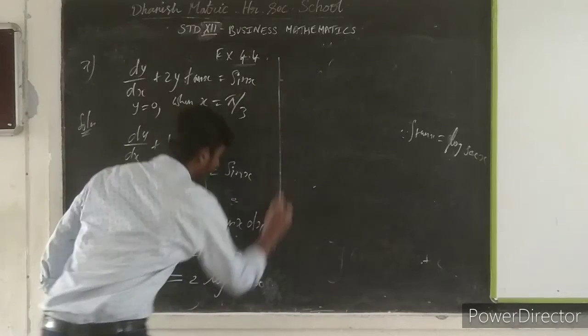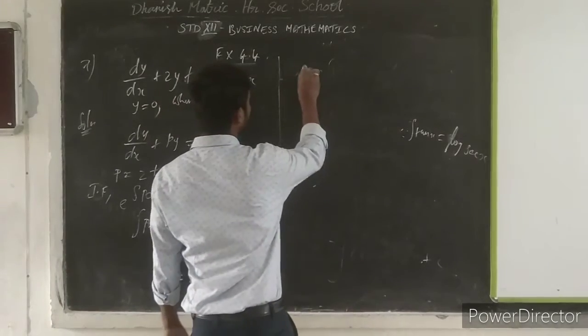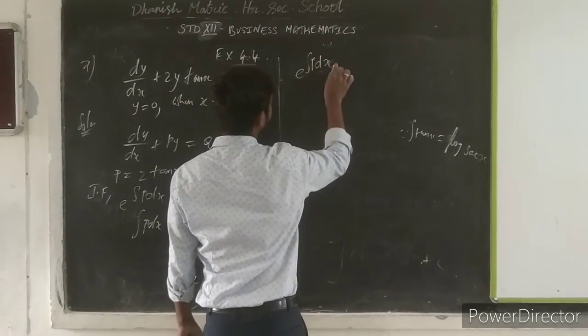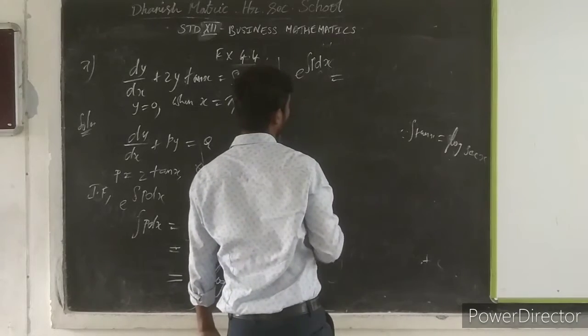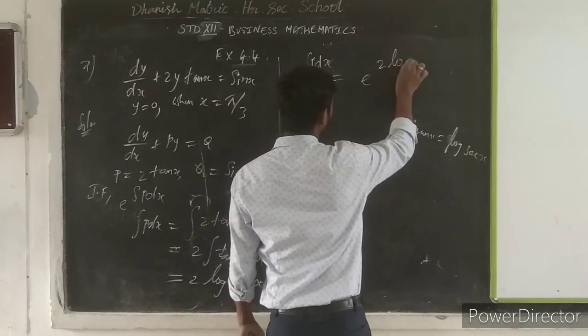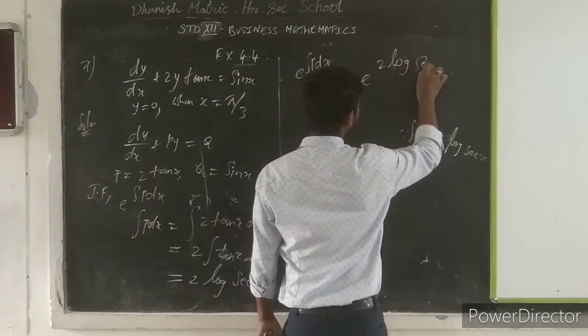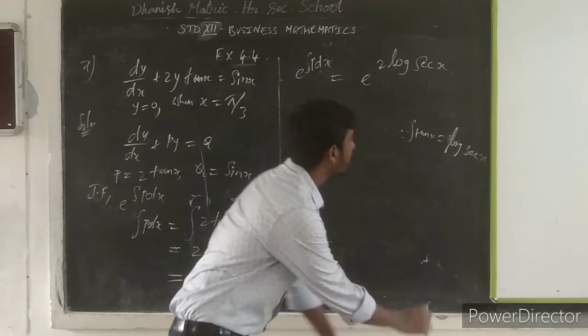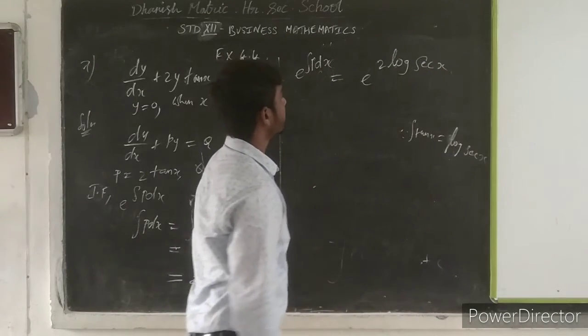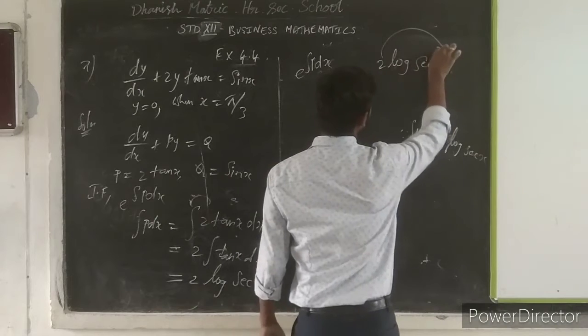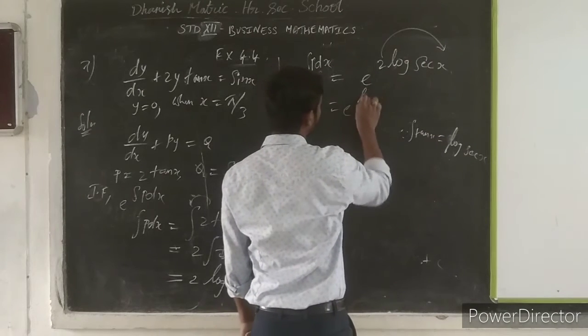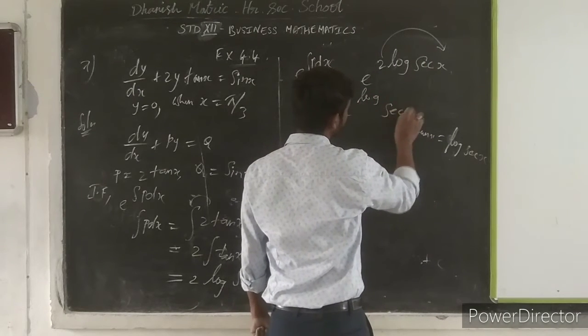So e to the power of integral of P dx equals e to the power of 2 log secant x. This 2 goes into the power, so e to the power of log secant squared x.